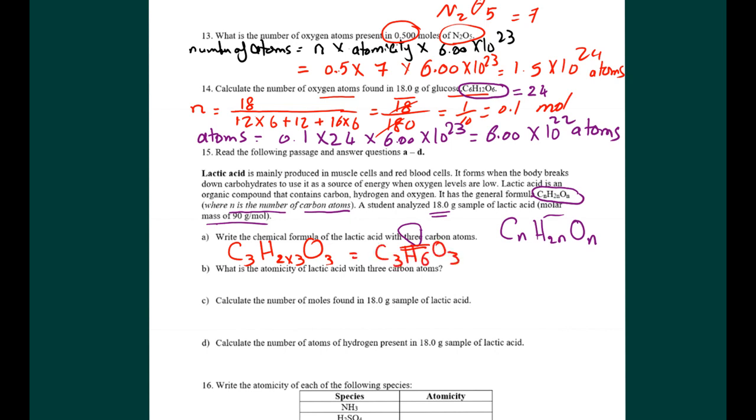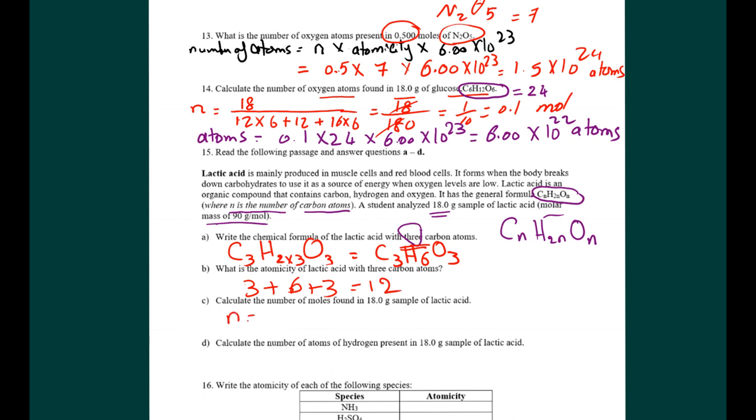This is the formula of lactic acid. What is the atomicity of lactic acid? We have 3 plus 6 plus 3, 12.